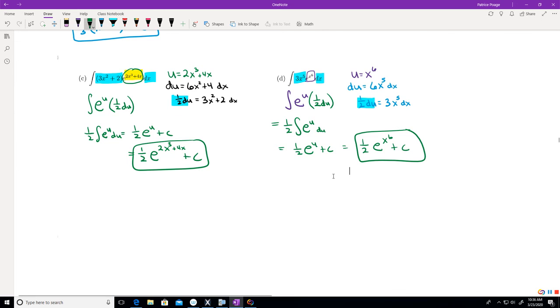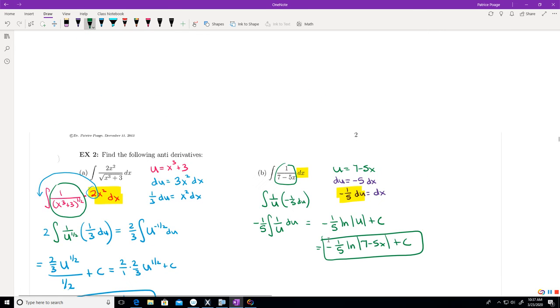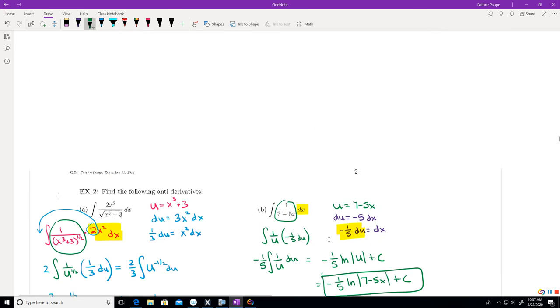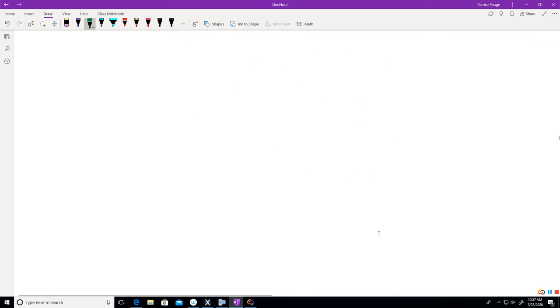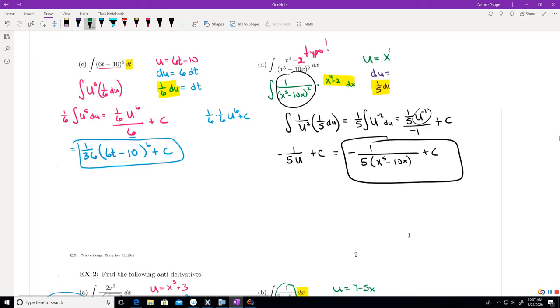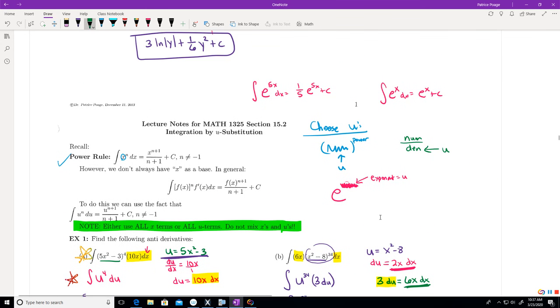All right, one last helpful hint on how to choose your u value. So I'm going to go back up to choosing your u. Of course, it always disappears when I scroll. There we go. All right, so if you have a bunch of stuff to a power, that's your u.